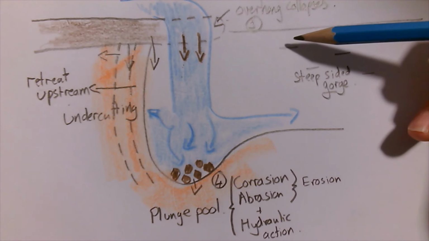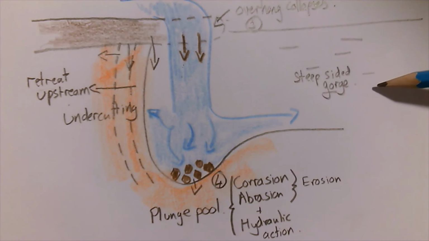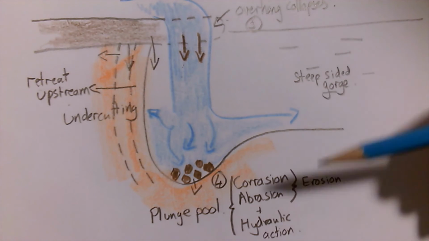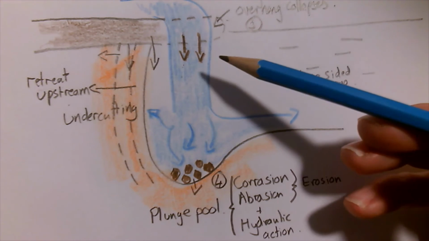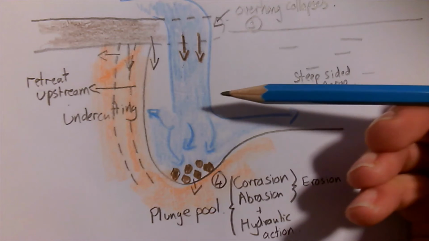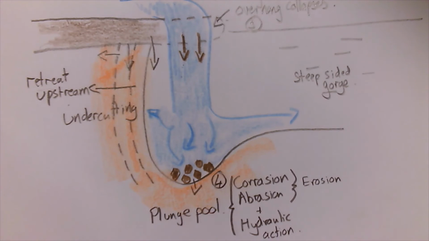That is a sheer wall of rock either side of the river channel, where the waterfall has cut through as it retreats upstream.